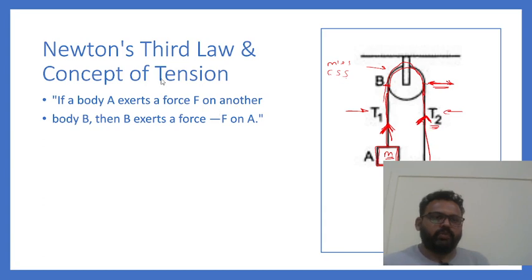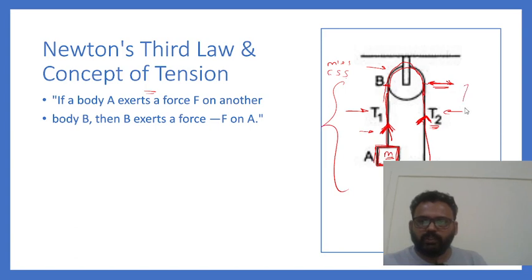Okay, the statement of Newton's third law is very famous: to every action there is an equal and opposite reaction. And how does this statement give you the concept of tension? See, why is tension developing in this string? Say this total system is in equilibrium.